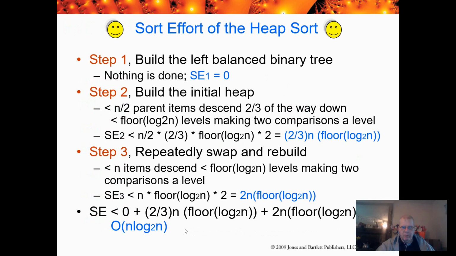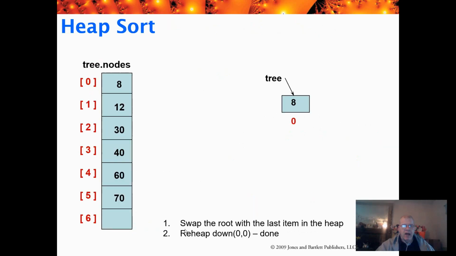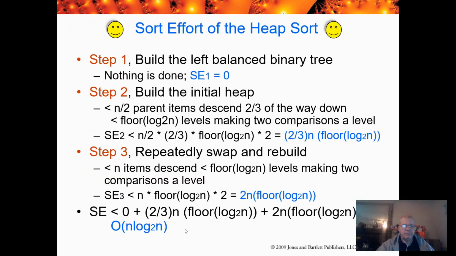And notice this, let me back up one. This is now a sorted array from top to bottom. From bottom to top, it's sorted, from top to bottom, it's sorted smaller first. So what's the sort effort? The sort effort is shown here, the swaps and rebuilds.